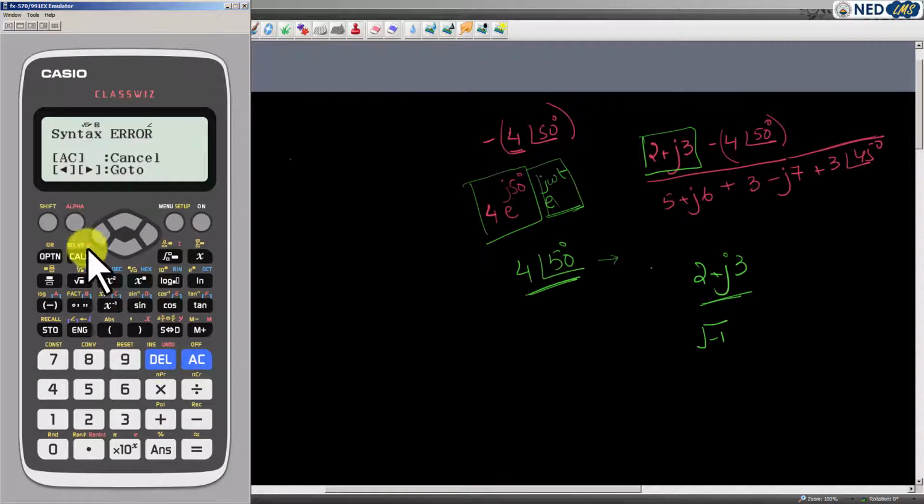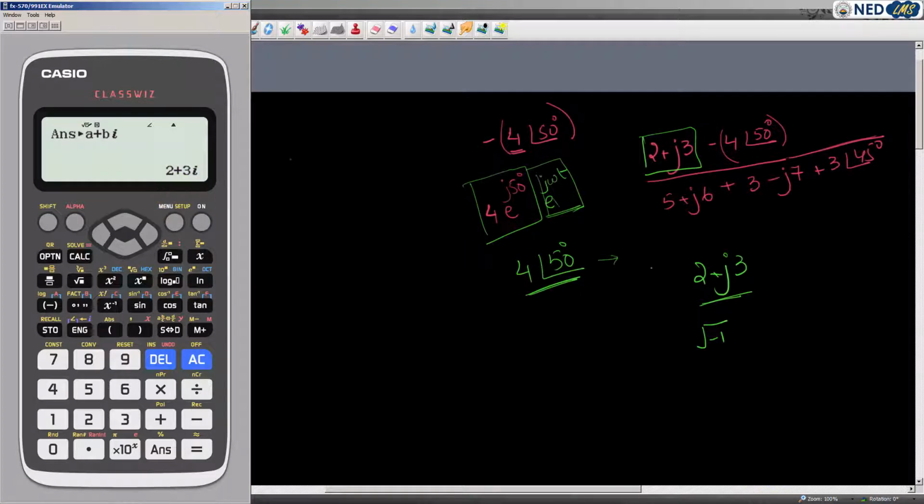So instead of writing 2 plus j3, I'm going to write 2 plus 3i. That's the correct form, and this is going to display the output in polar form. Or if you want to convert this into rectangular form, go to option and go to 2 here. It's going to convert the answer into rectangular form. It's going to say 2 plus 3i as we did before.